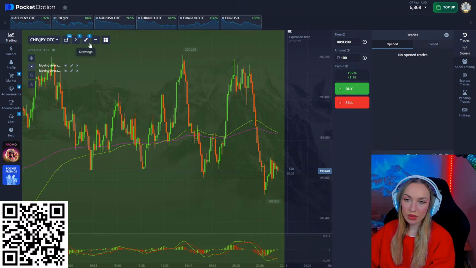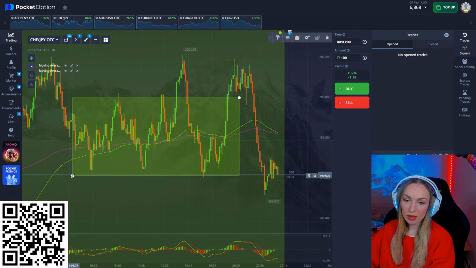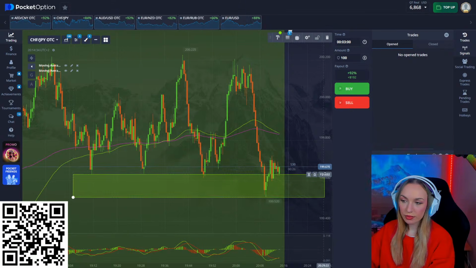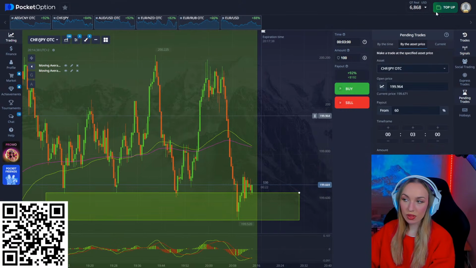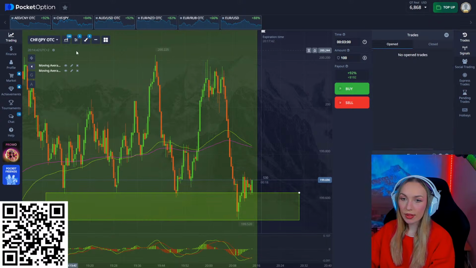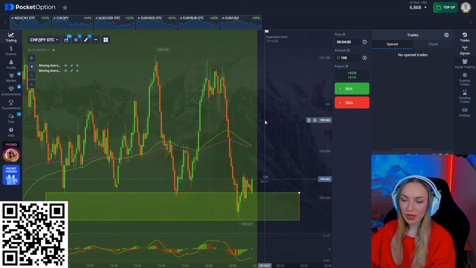But I also see the support zone somewhere here, and many touches of the support. So I think it can go down, but maybe we can open a trade.